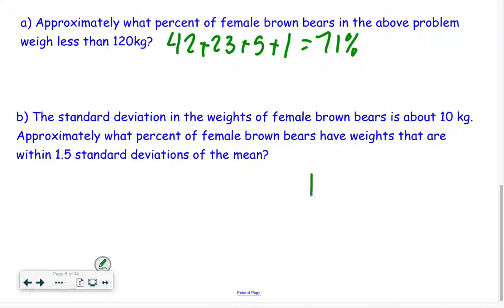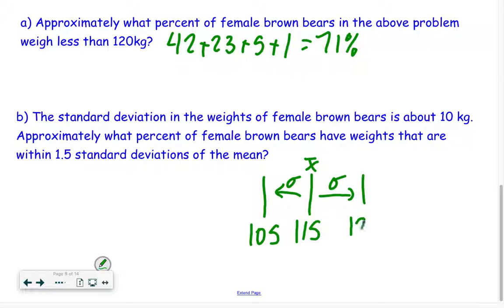Okay, so we're going to have our x bar 115. And first, let's go one deviation away. My standard deviation is 10, so what's my low number? 105. What's my high number? 125. Okay.